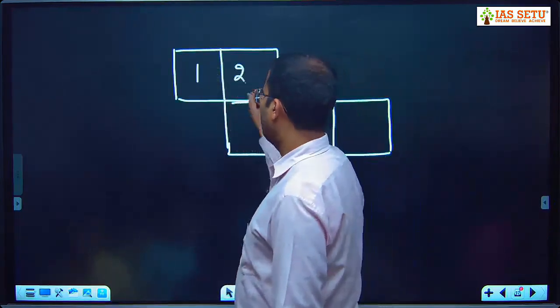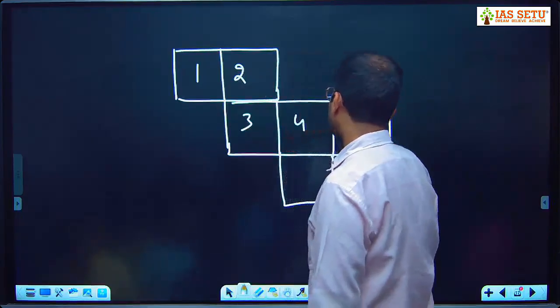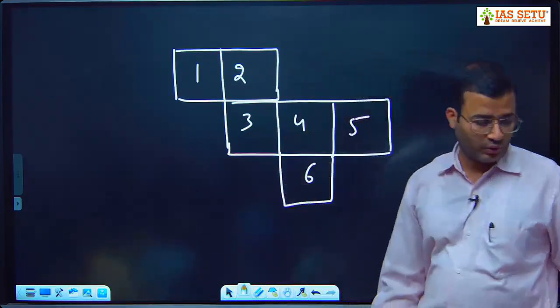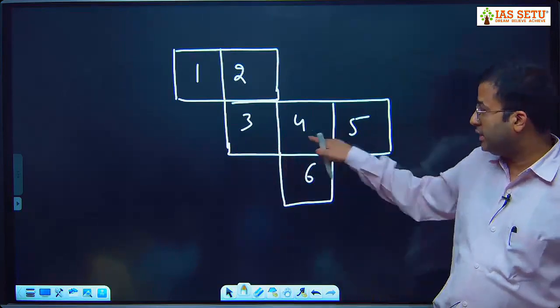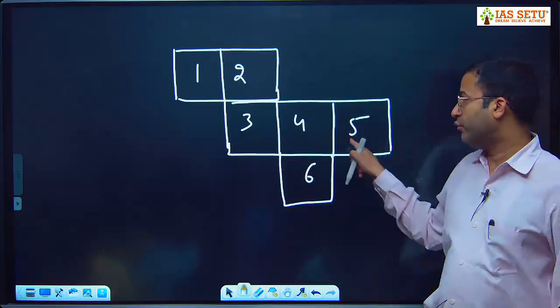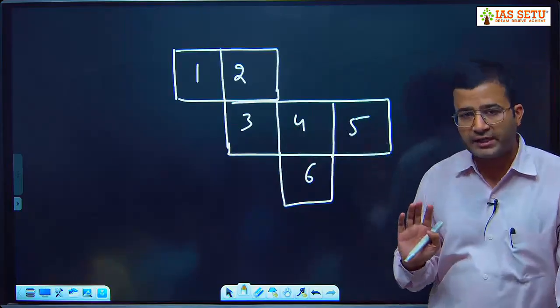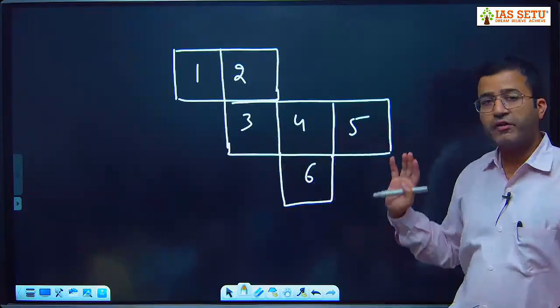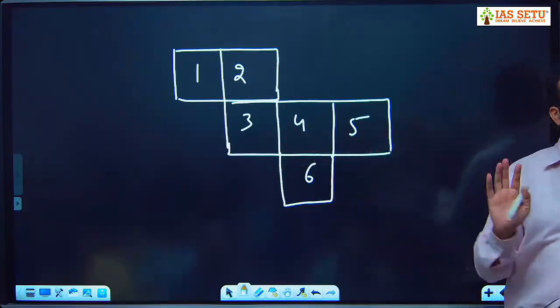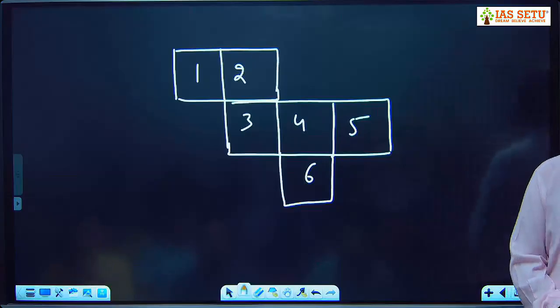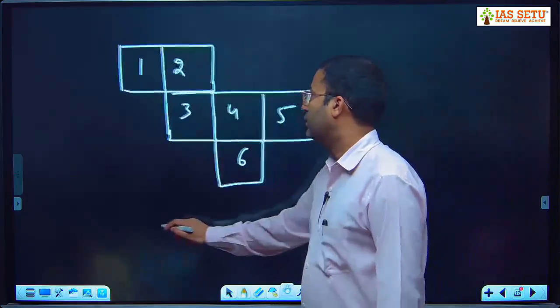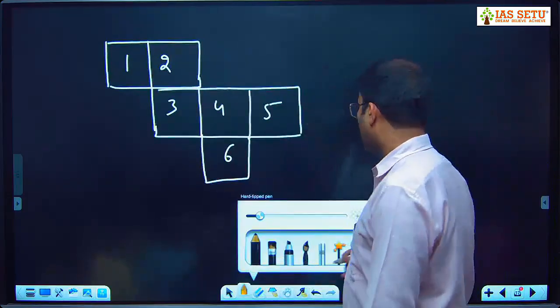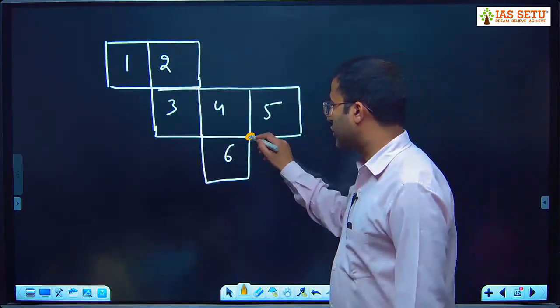One, two, three, 4, 5, 6. One thing is clear, in this row 3, 4, 5, 3 and 5 are alternate, so 3 and 5 are opposite to each other. But for the others, now here I take this vertex.